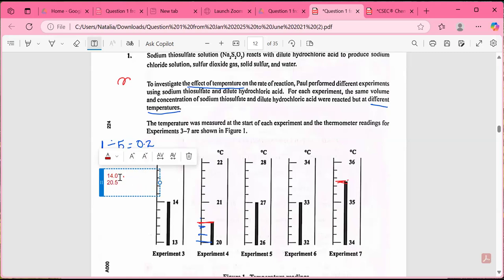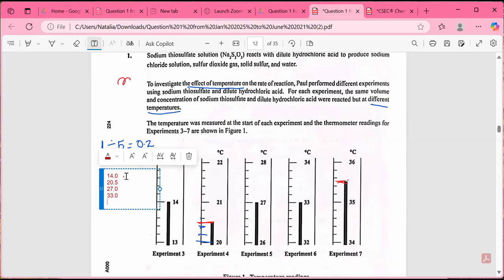Okay. Next one would be what? Experiment 5. 27.0, miss. Next one. 33.0.